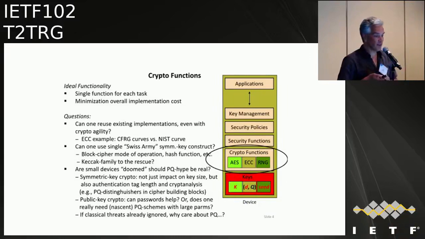Then I think we can still potentially save a little bit, since this is a research group, on crypto functionality in the symmetric key space. Often we need a hash function, and we need some kind of mode of operation of the cipher, which does, for example, an authentication tag or a combination of encryption and authentication. So maybe there's some very nice, relatively new crypto based on the Keccak family, which can be used to build all these functionalities.